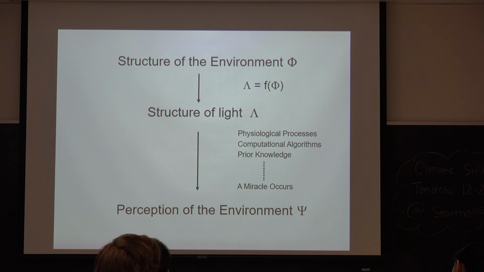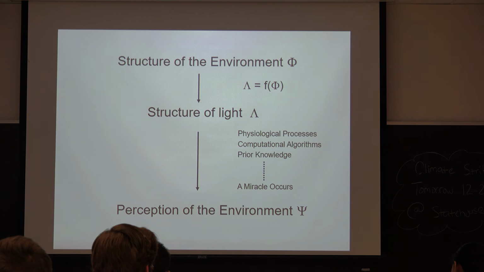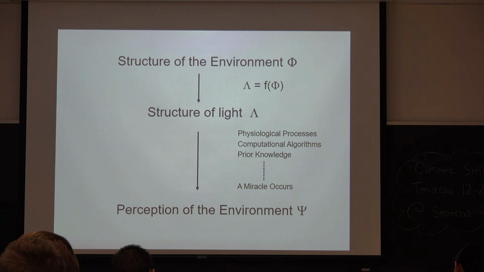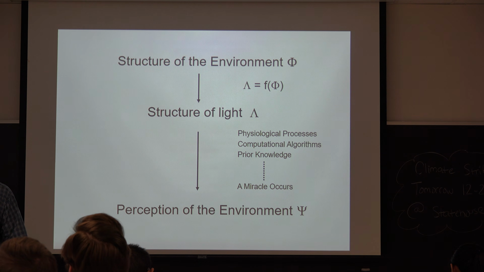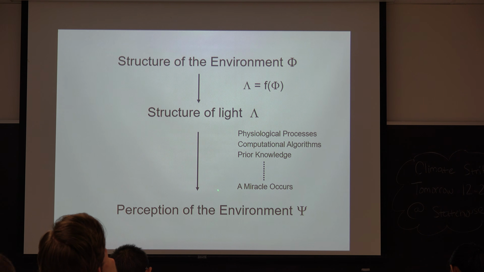Or if you're a Bayesian statistician, you might say, well, we use our prior knowledge about the world to try and figure out what is out there based on the image data that we're given. But in all of these accounts, there's a lot of hand-waving going on. And what really is the case is that somehow a miracle occurs.